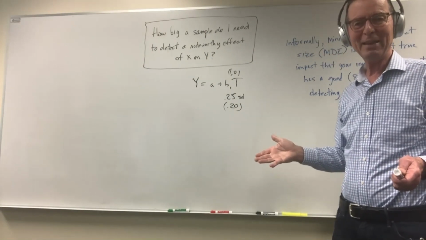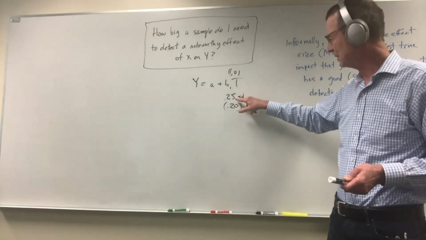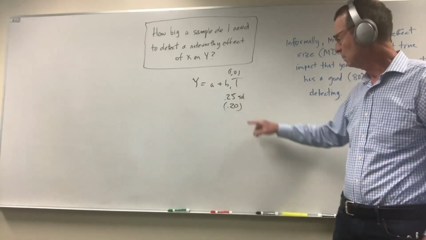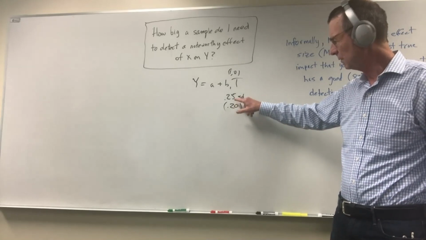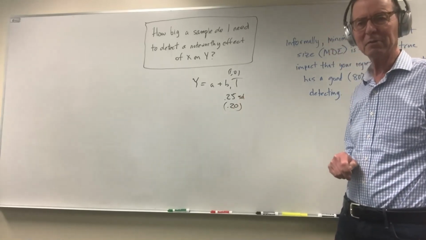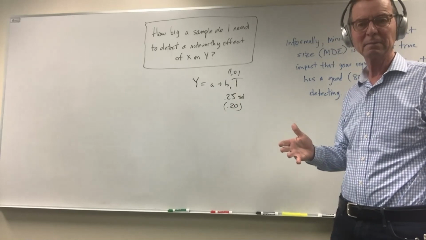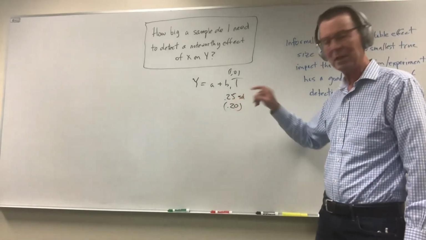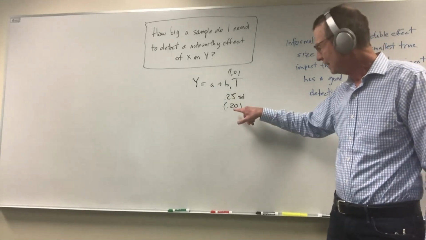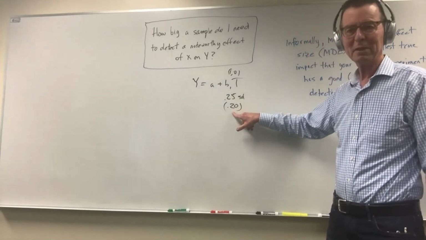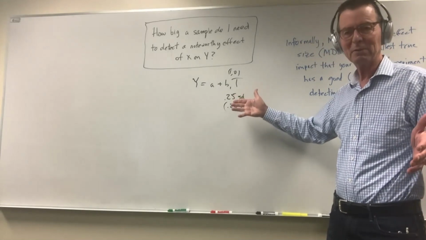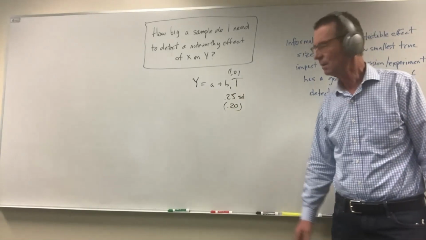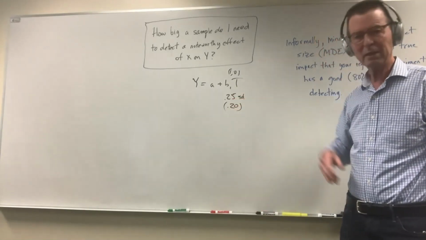You can't be confident that you've actually generated a noteworthy effect, because with this standard error, you can't reject the null hypothesis that there's no effect. Your best estimate of the effect is a quarter of a standard deviation, but you can't be very confident at all because a 95% confidence interval includes 0. So no one's going to be impressed by 0.25 if the standard error is 0.20.